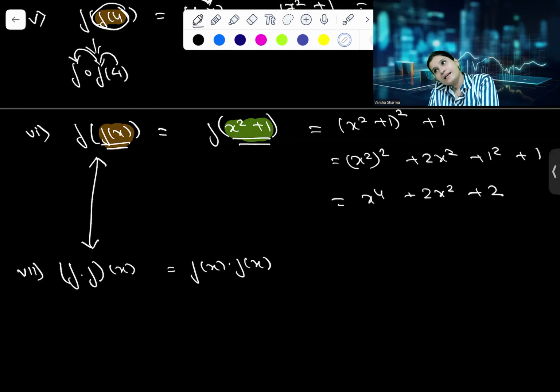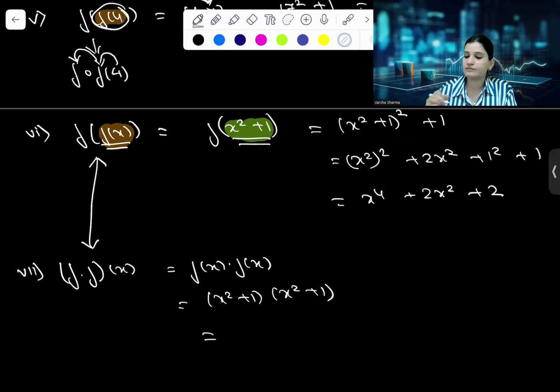So I had to calculate that, and then the answer I would put again in it. Here I have two f's together. So I have to multiply both of their values. Fx into fx basically. So this would be x square plus 1 multiplied by x square plus 1. X to the power 4 plus 2x square plus 1. Understood? Any doubts?